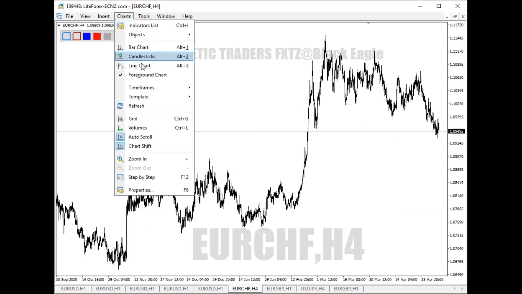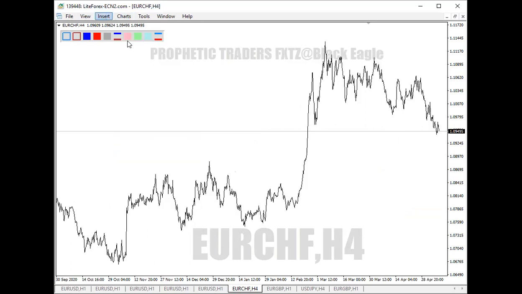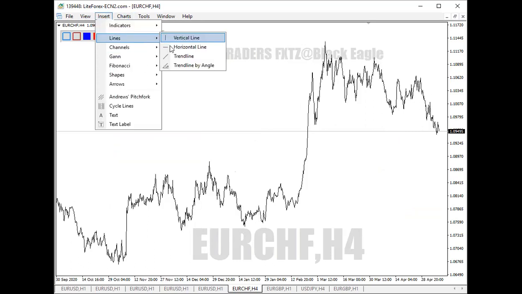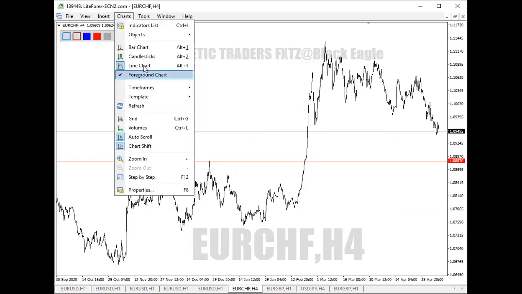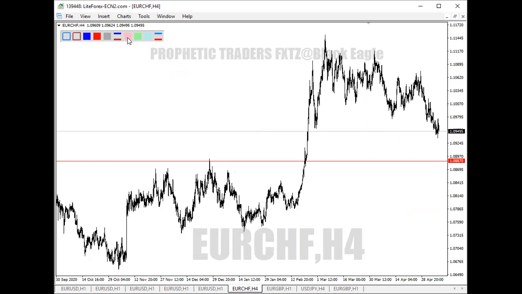Let's check the line chart. We always prefer the line chart because we see the opening and closing price very clearly. If you use candlesticks, you will have a lot of noise, and I'm sure you will not spot a clean entry.